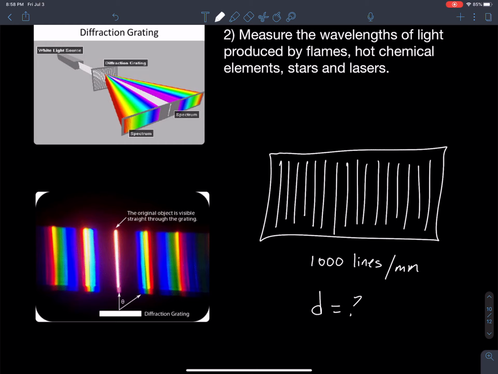Let's convert that into meters. If I had 1,000 lines in a millimeter, then I would have 1,000 times 1,000, because there are 1,000 millimeters in a meter. So I would have 1,000,000 lines in a meter.